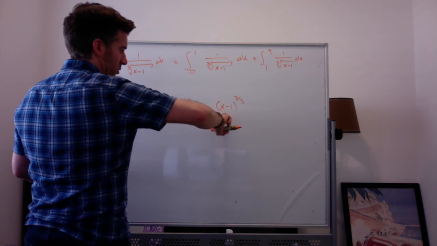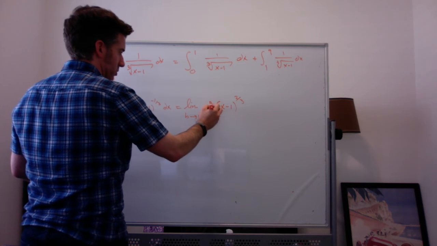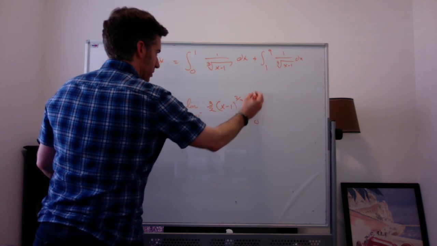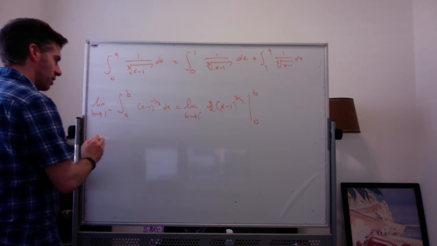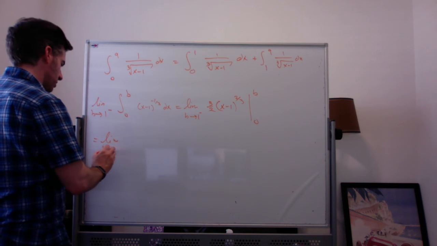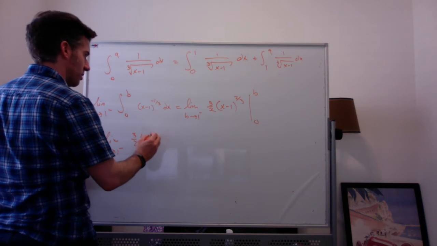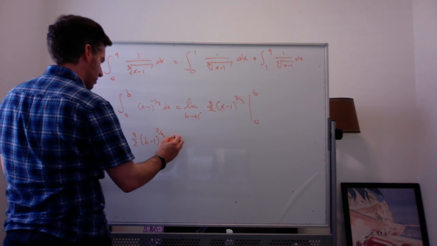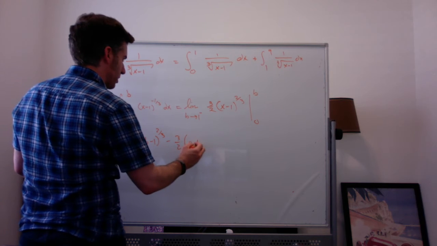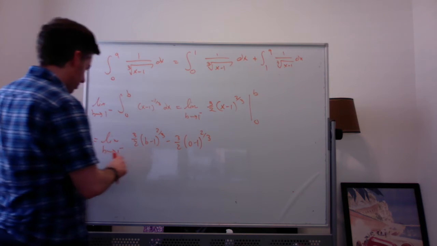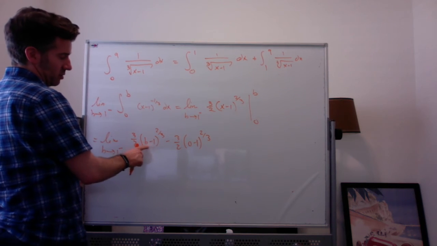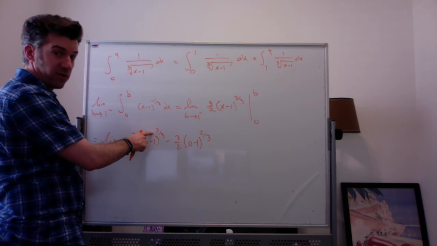Dividing by the new power is like multiplying by the reciprocal, which is 3/2. From 0 to b, we get the limit as b goes to 1 from the left of 3/2 times b minus 1 to the 2/3 minus 3/2 times 0 minus 1 to the 2/3. Plugging in 1, 1 minus 1 is 0. 0 to a positive power is perfectly fine, it's just 0.